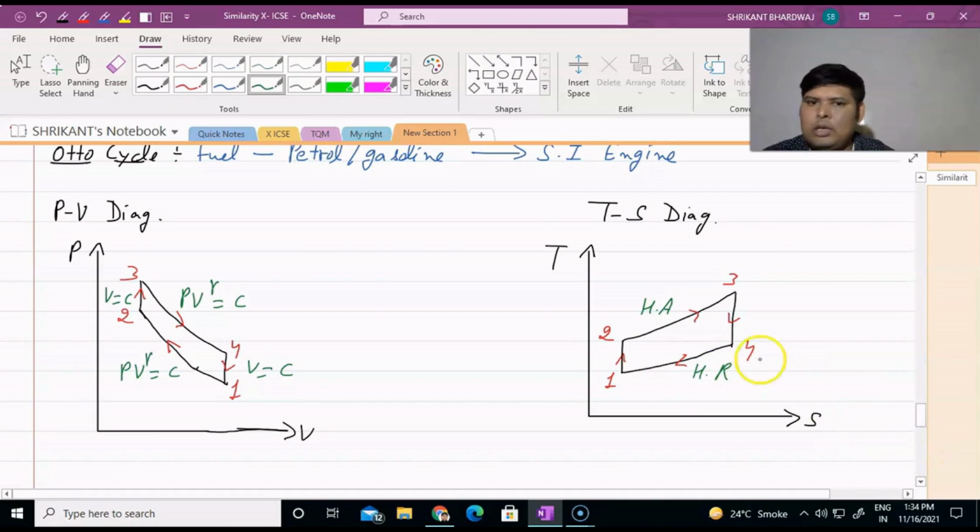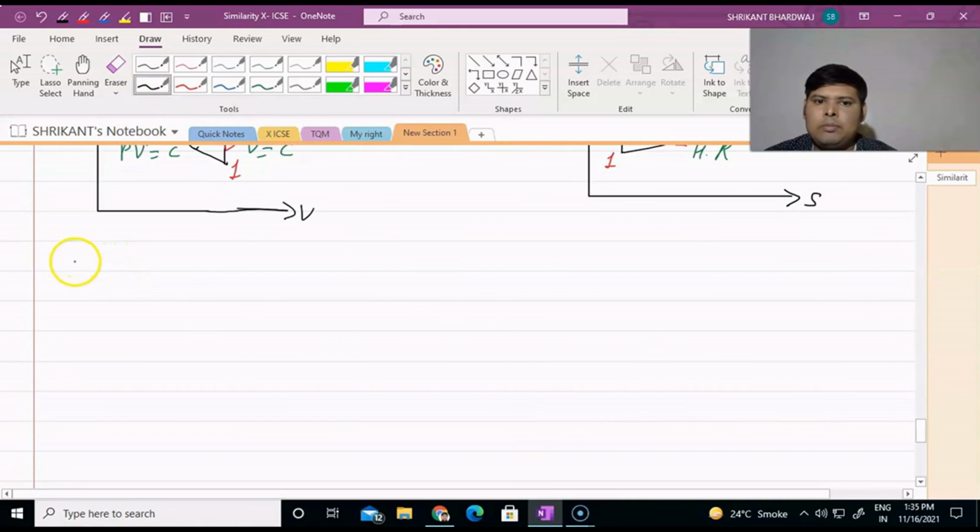Now moving further towards efficiency. Before efficiency, let us deal with types of processes in the Otto cycle.